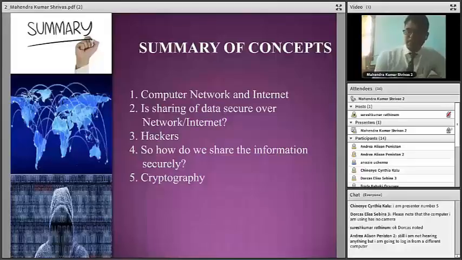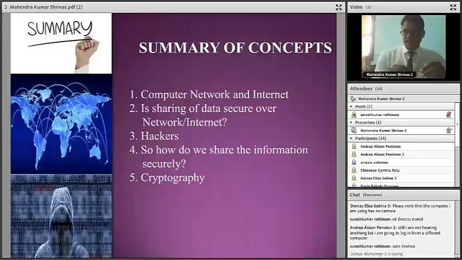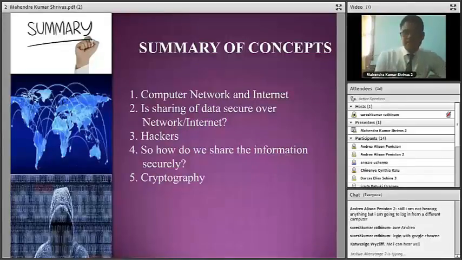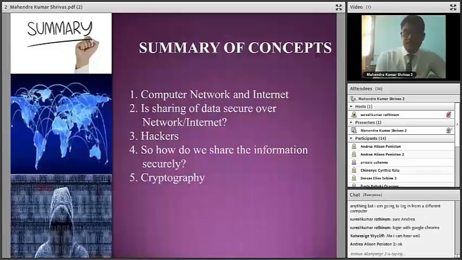Let us take an example: there is one sender and one receiver, and we have to ensure that if a hacker comes into the picture in between, we cannot stop the stealing of the information, right? That is a well-known global fact. But yes, we can make it harder and harder for the hackers, so that he or she will not understand whatever we are sharing, although he is having the data.